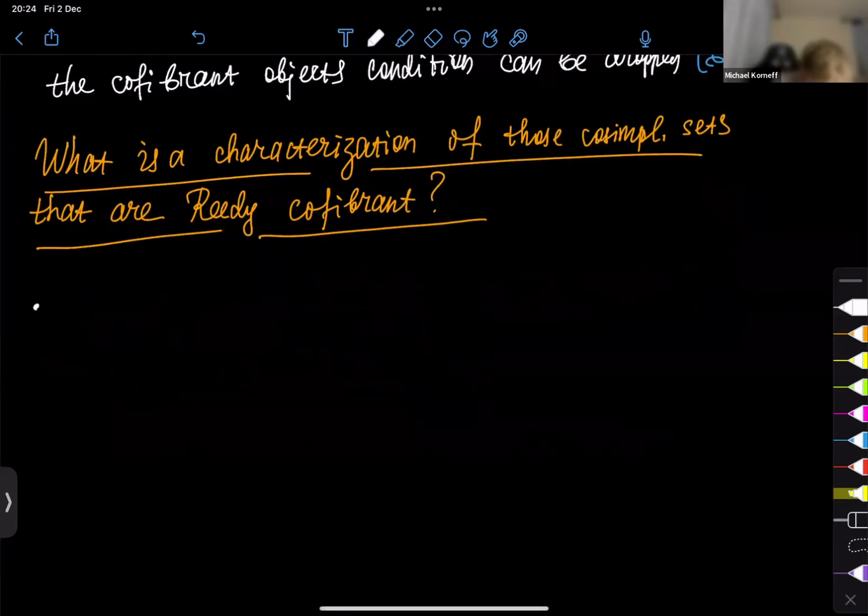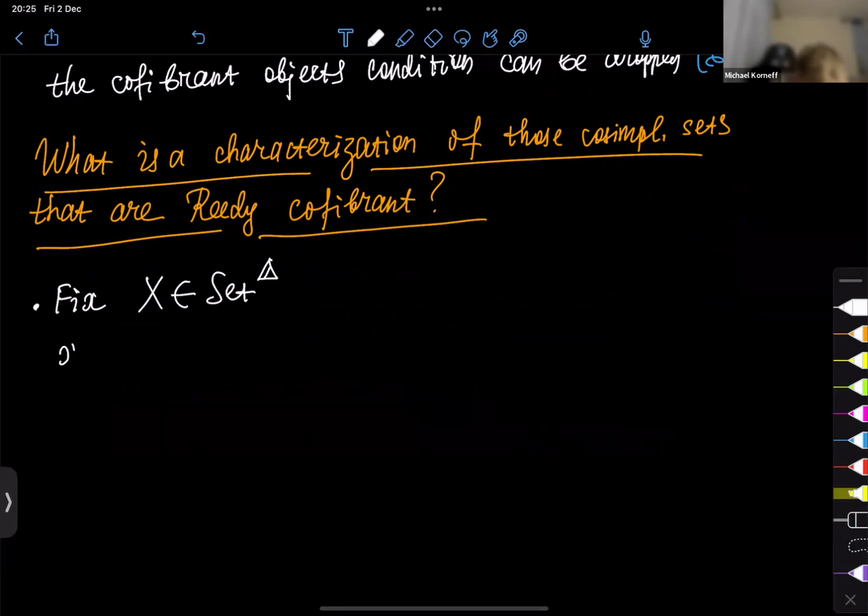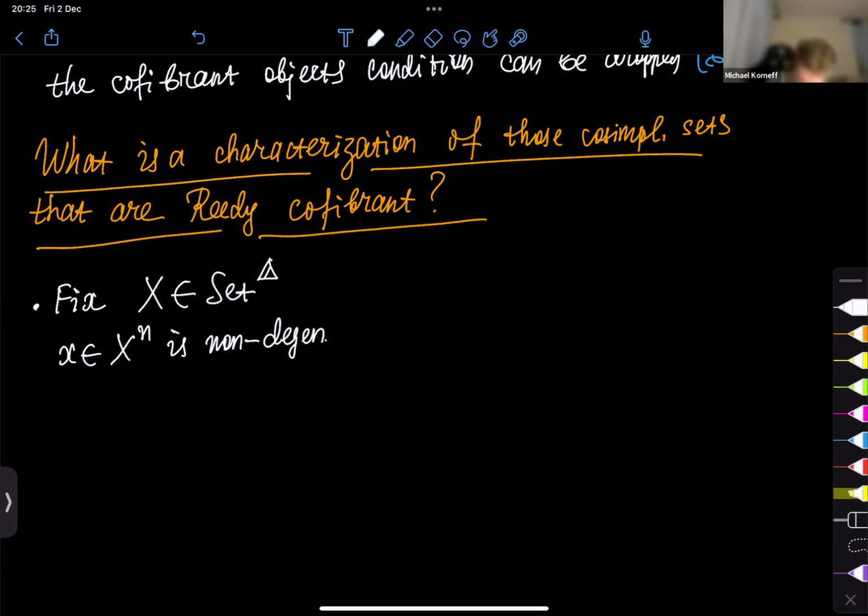Fix some diagram, some cosimplicial object, some cosimplicial set, and we say that the element x, an n-cosimplex, is non-degenerate if it's not in the image of any monomorphism in delta.